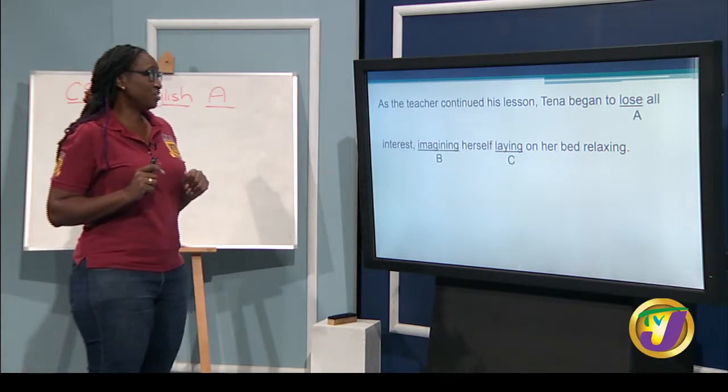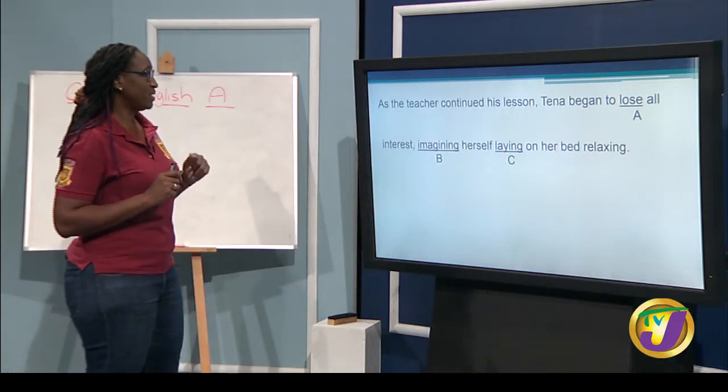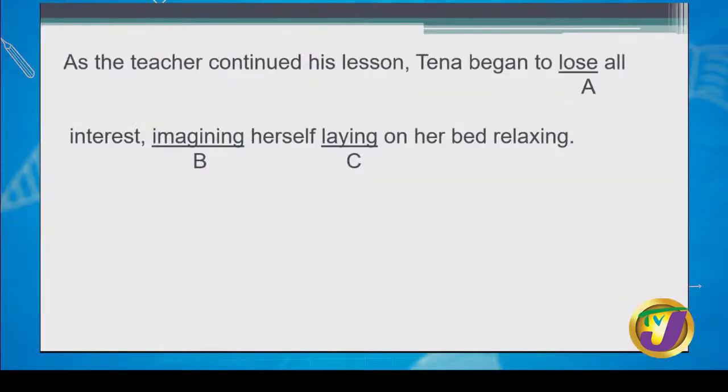So as the teacher continued his lesson, Tina began to lose all interest, imagining herself laying on her bed, relaxing. So your options: lose, imagining, laying. Which of those, if any, is incorrect? Is it L-O-S-E? Should it be L-O-O-S-E?